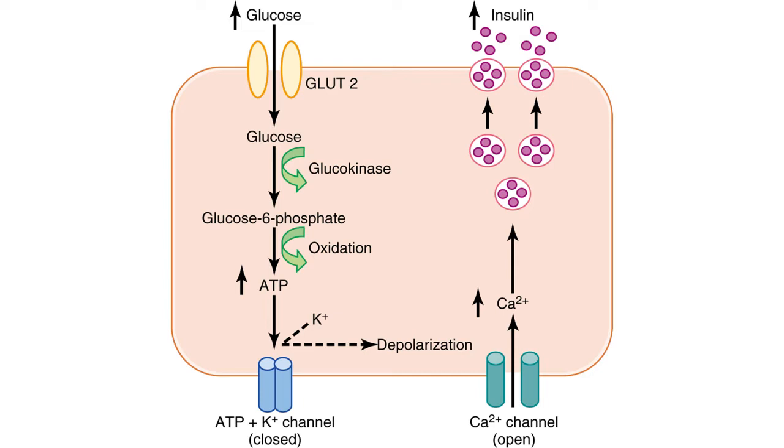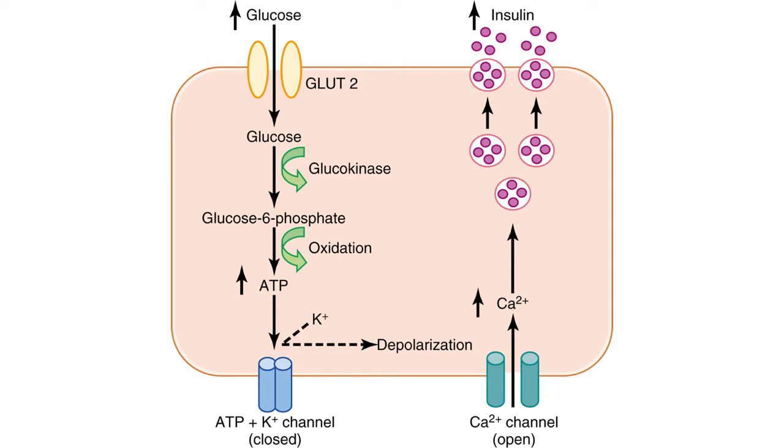And once the interior of the cell has lots of calcium, that will cause the vesicles that contain insulin, represented here as the purple circles, to fuse with the cell membrane of the beta cell, leading to the release of insulin. So through this process, in response to high glucose concentrations, the beta cell releases insulin.